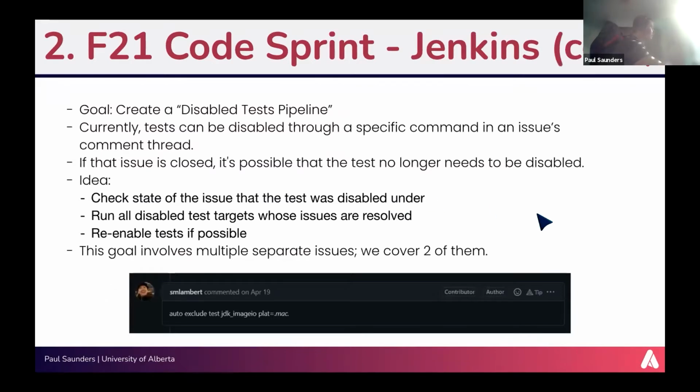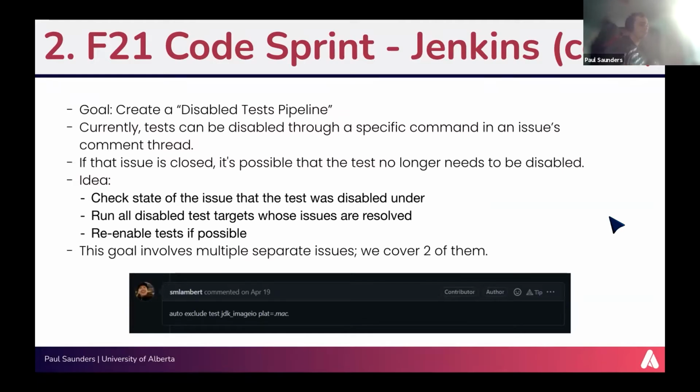Now, the goal for the Jenkins part of this code sprint was to create a disabled test pipeline. A really cool thing that Adoptium has in their GitHub repository is that they can actually disable a test just by creating a comment on an issue.